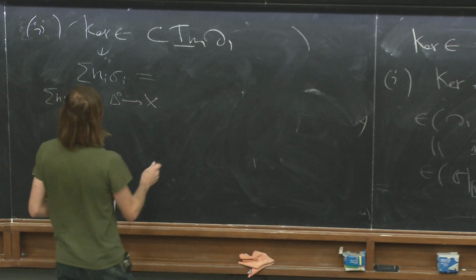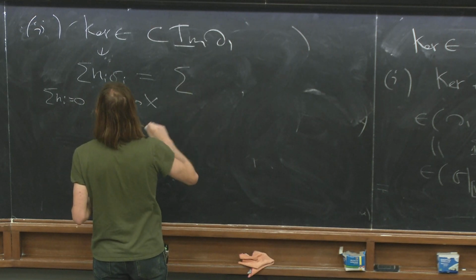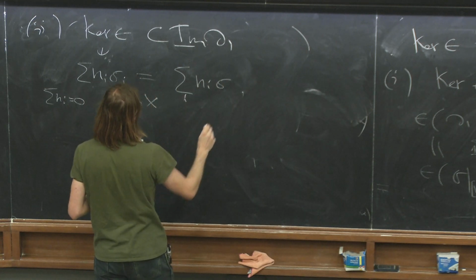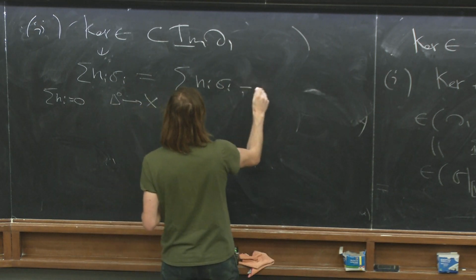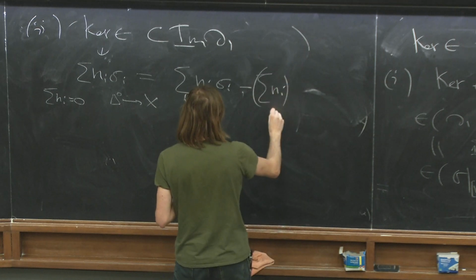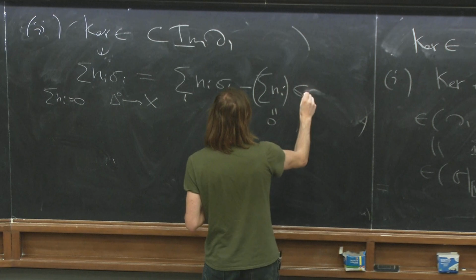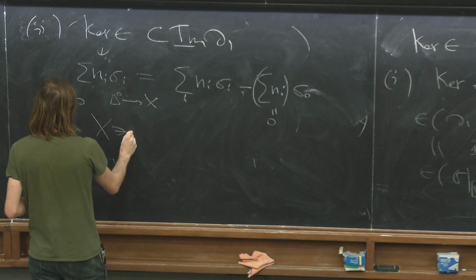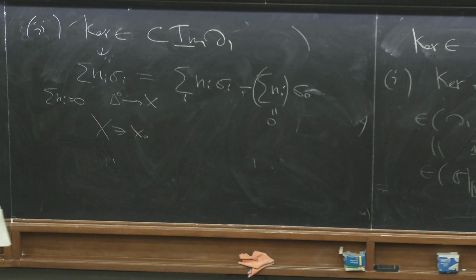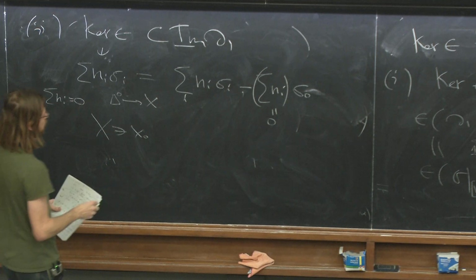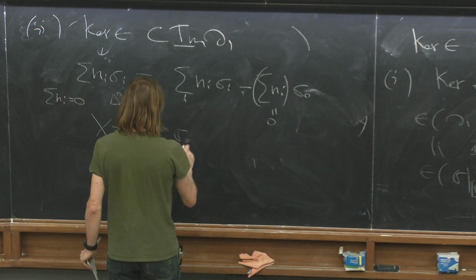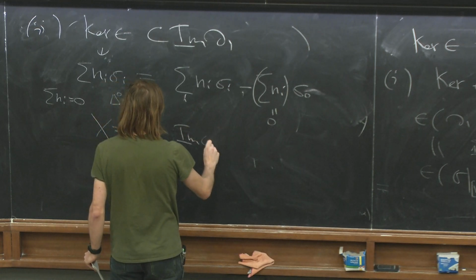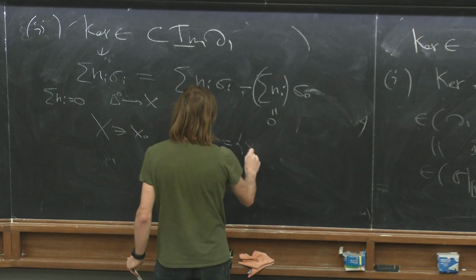This means that I can rewrite it as follows. Let me take it like this: the sum of ni sigma i minus the sum of ni's, which is just 0, so I don't actually modify anything, times some sigma 0, and sigma 0 is the following. Let me take some fixed point x0 in x, and we choose sigma 0 such that its image is this one-point set.